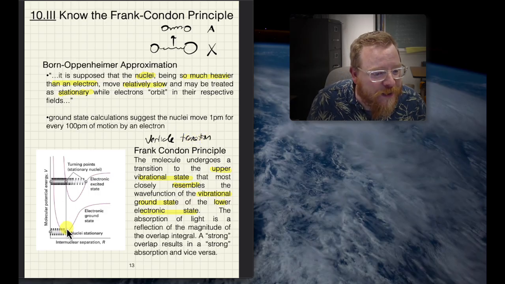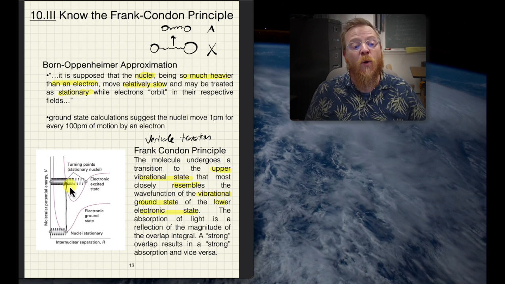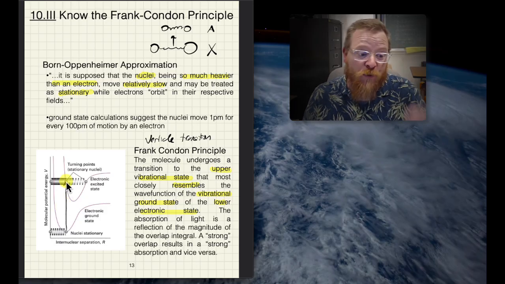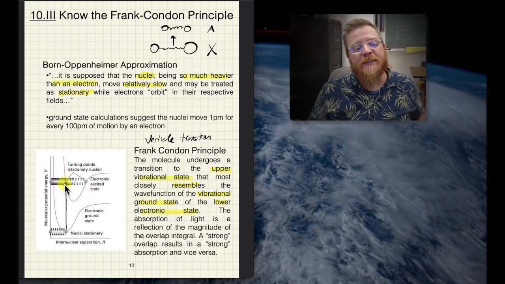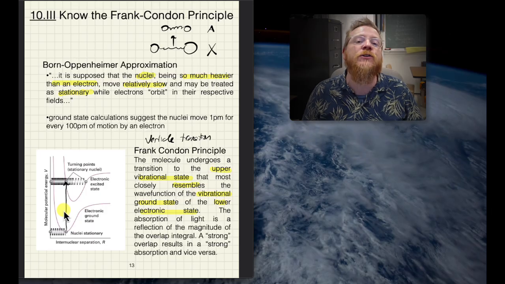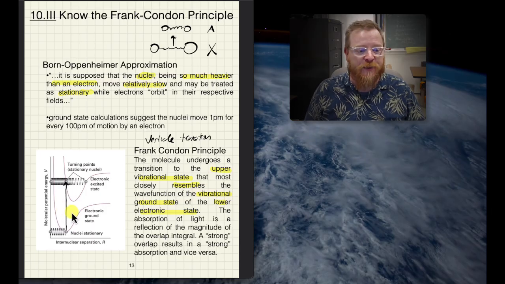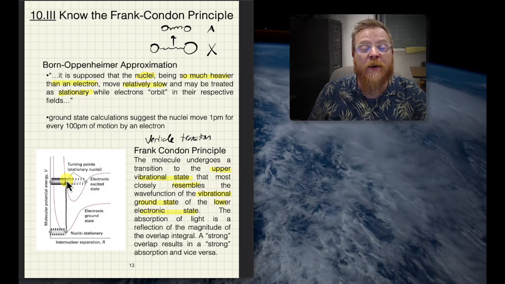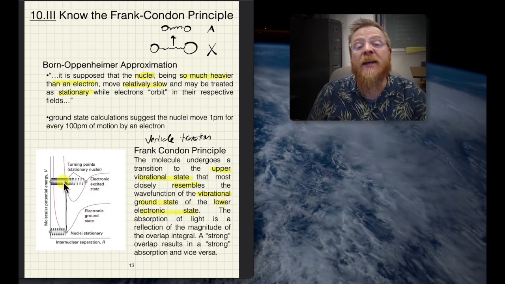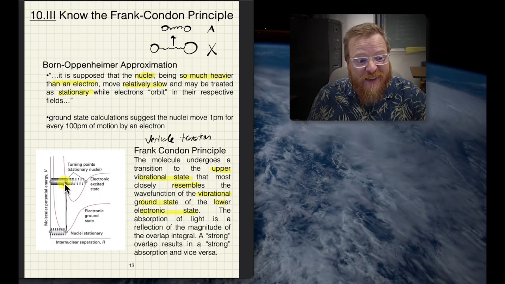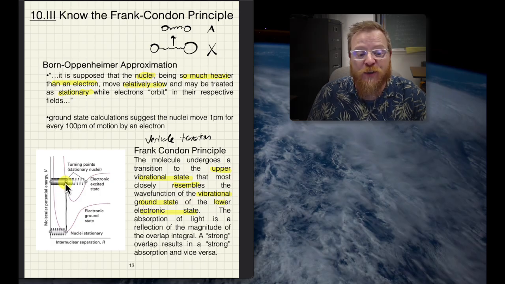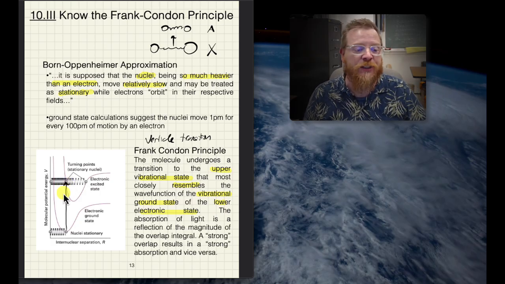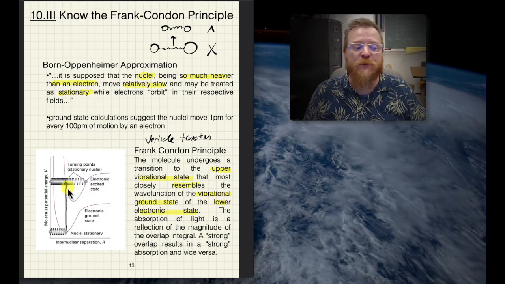So our state just goes up vertically and will hit the point in the excited state that's directly above it. And because these nuclei are moving so much slower than that transition takes place, we will access not only an electronically excited state, but some vibrationally excited state as well. So we will hit the turning points of whatever vibration overlaps with that.